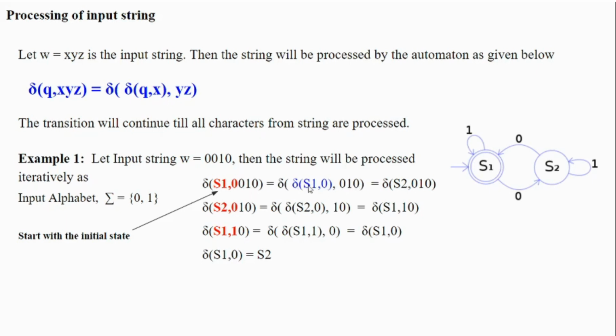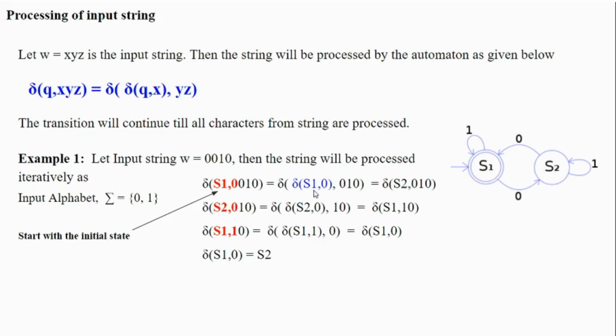So delta S1 0 is the state after transition when input 0 is applied on the state S1. S1 on input 0 goes to S2.